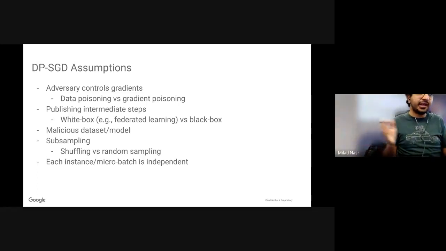It also says that for every data set and every model, we have these theoretical bounds, so we see what happens if the data set is malicious or the model is malicious.